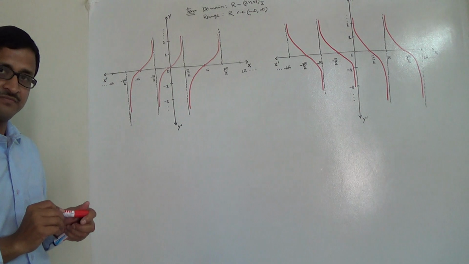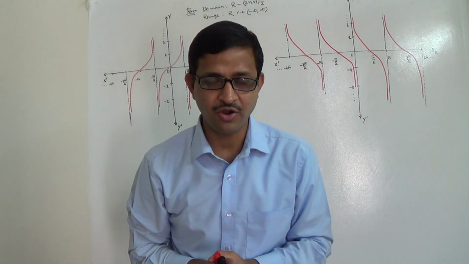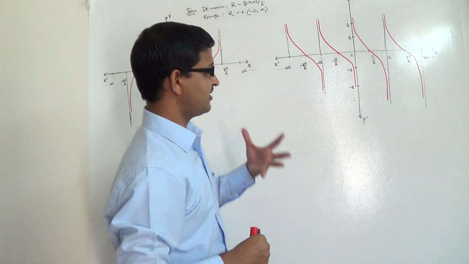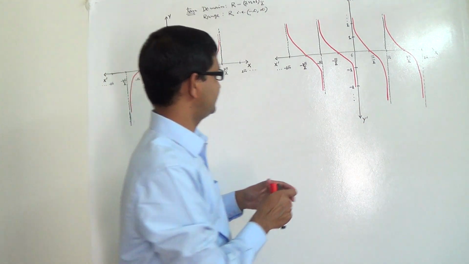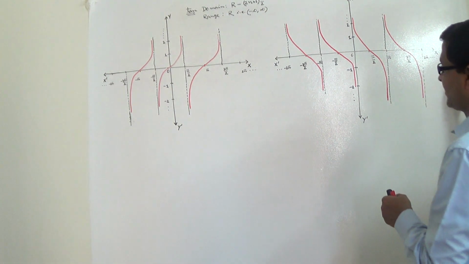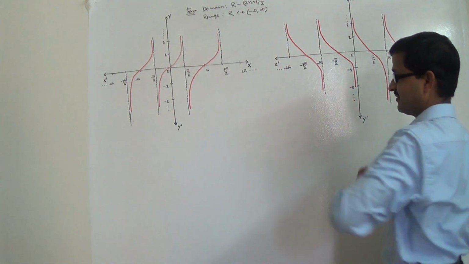So what we observe, what is the domain and range of this function cot? We see the function cot can take any value except 0, pi, 2 pi, in a similar manner 3 pi like that, and here minus pi, minus 2 pi like this.